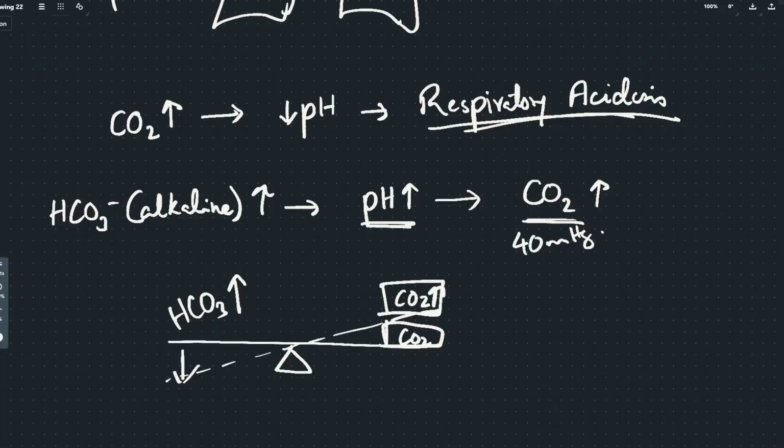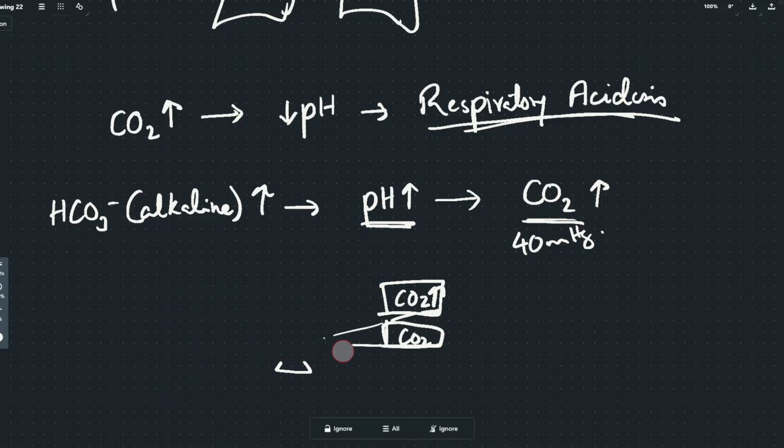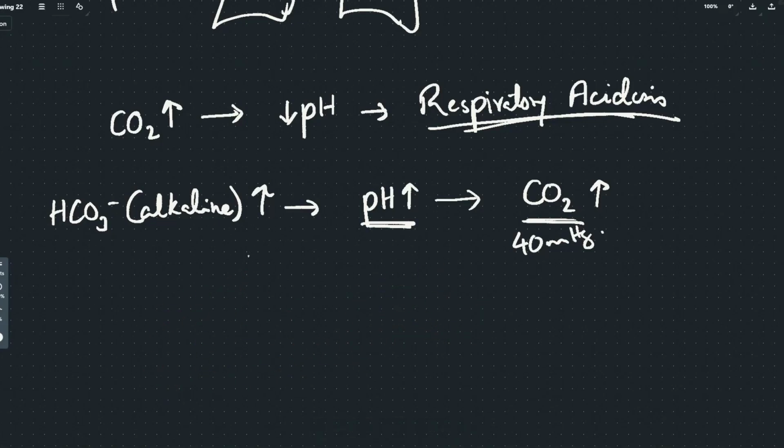Opposite to that, if HCO3 negative is low, then pH would become low as well, an acidotic condition. So CO2 must be exhaled out quickly to compensate for this. This is the concept of respiratory compensation.